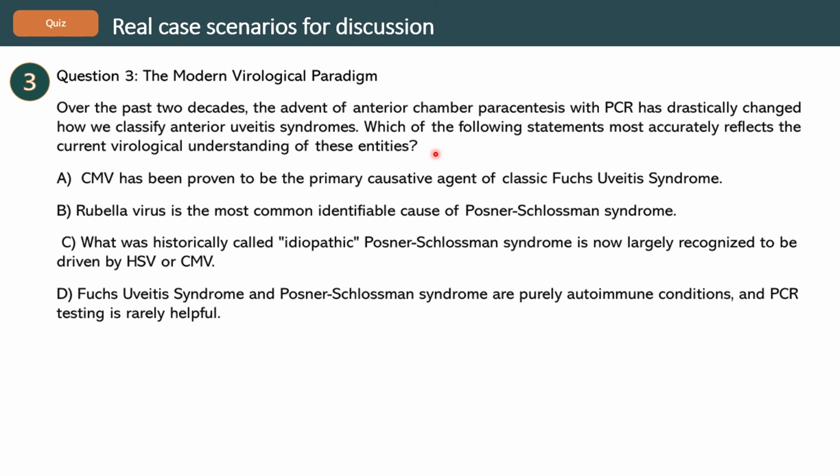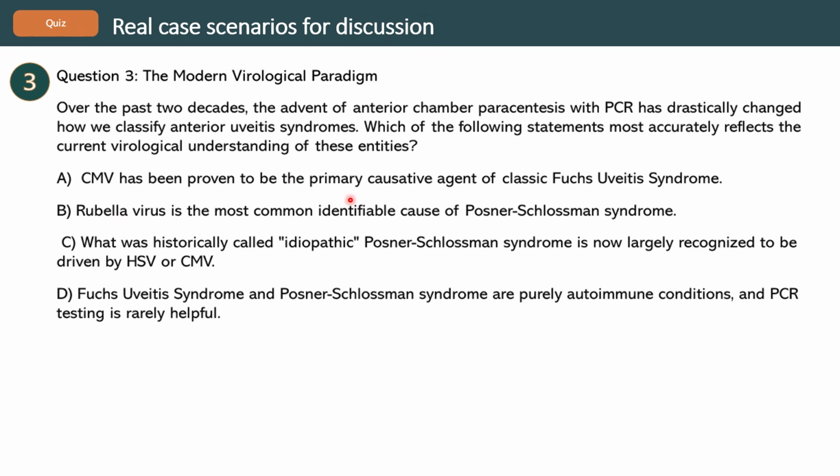What we want to say is that previously there were some idiopathic syndromes, like Posner-Schlossman syndrome or Fuchs uveitis syndrome, and the exact etiology was not known. Now, because of the advancement in laboratory investigation, PCR per se has changed this. We found that the majority of Posner-Schlossman syndrome is related to cytomegalovirus or herpes simplex, and the majority of the classic variety of Fuchs uveitis syndrome is due to rubella. So now you want to choose one of the correct answers.